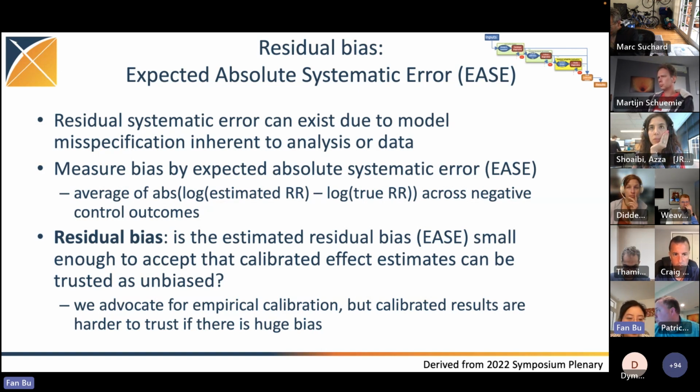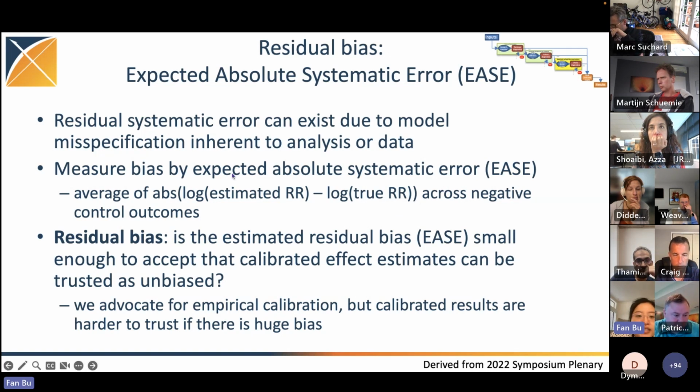A negative control outcome is an outcome that we know has no causal relation to the exposure of interest. And so we would expect a null effect of the exposure on the outcome. But if our estimated effect is not null, then the amount of error in our estimation can help us learn the empirical bias that still exists.